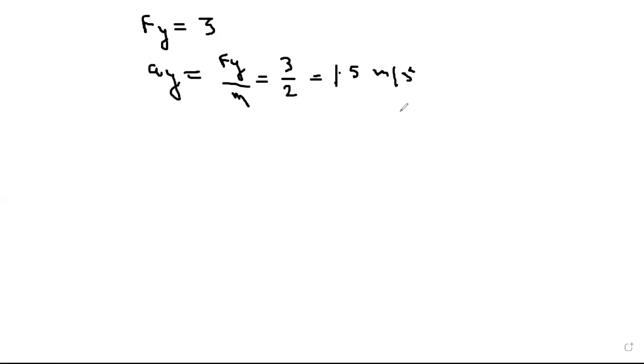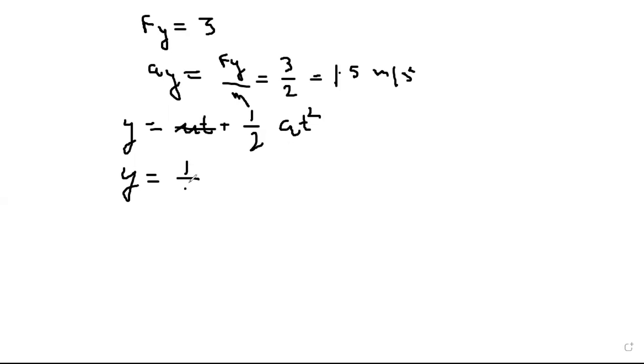It's along y. So for the y direction, we use again y is equal to ut plus half at square. In the question, the initial velocity is told to be 0, so this term is 0.